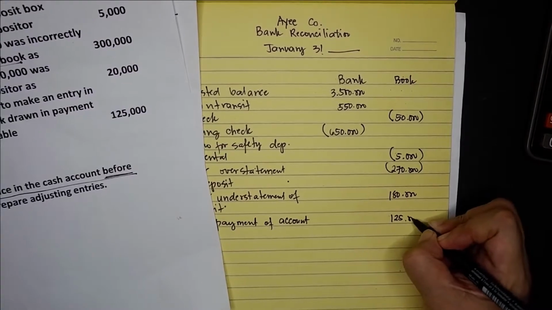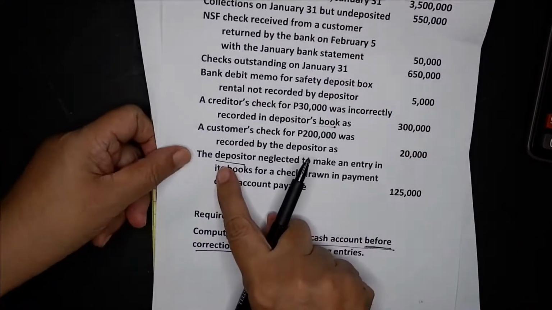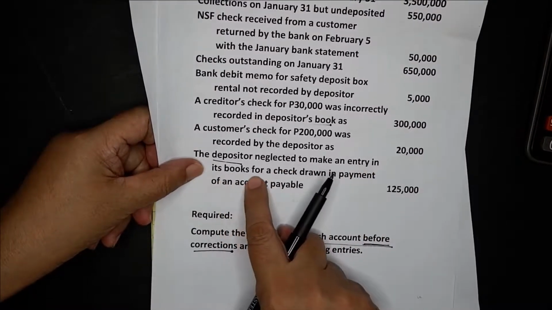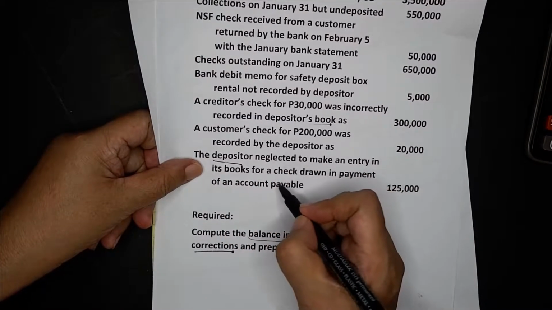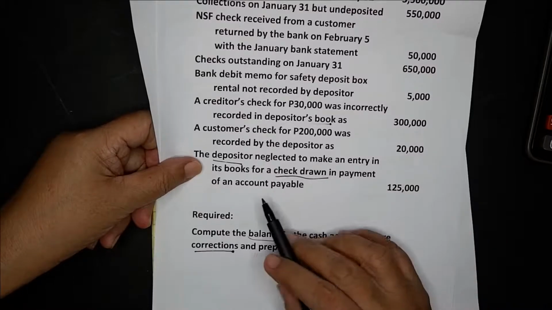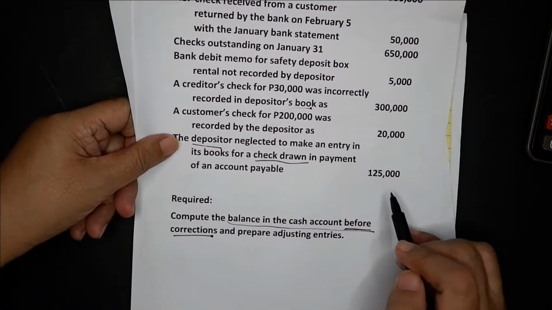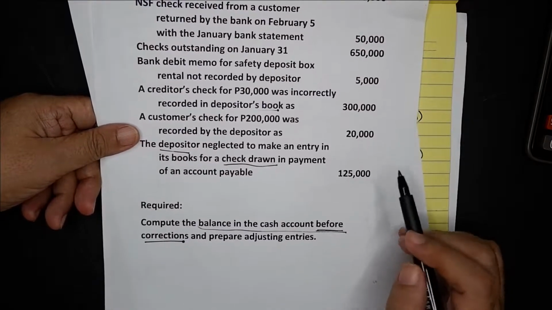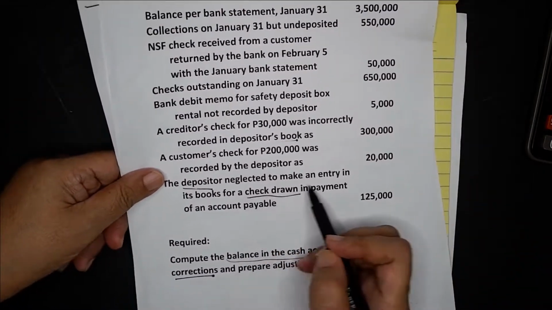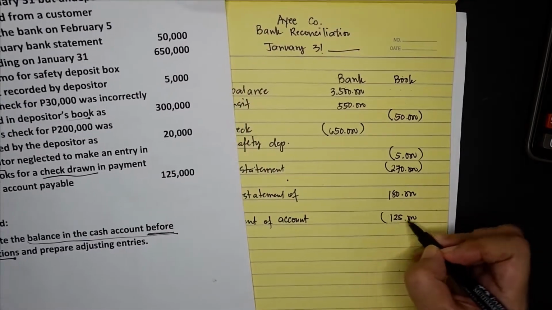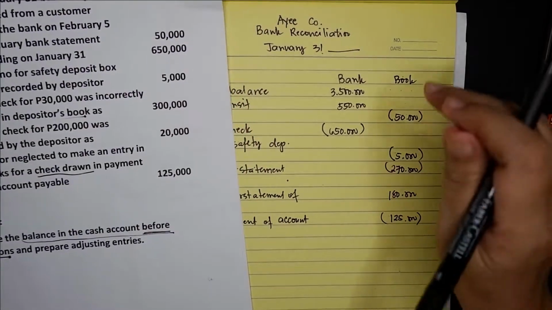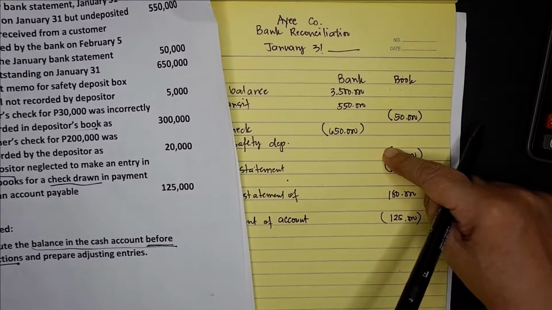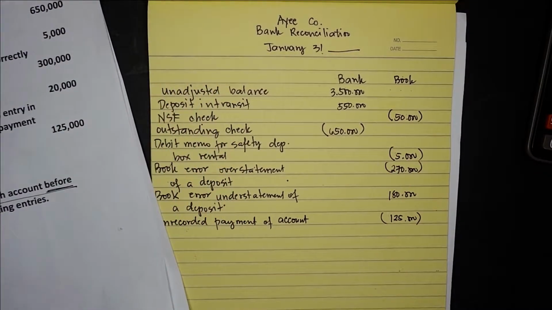Is this 125,000 a plus or minus? Check drawn, it means minus. We paid. We forgot to prepare an entry: debit accounts payable and credit cash in bank, 125,000.